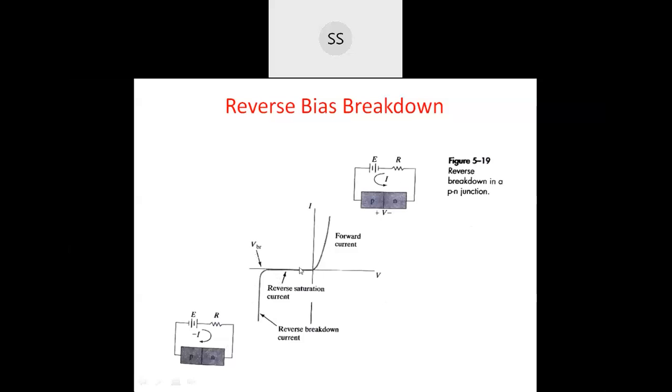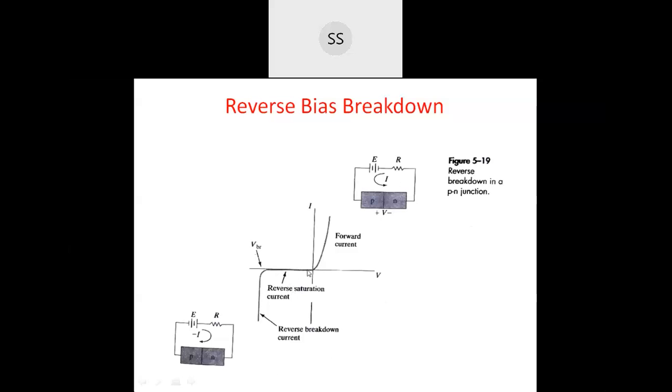At this voltage VBR, the reverse current through the diode, or across a semiconductor junction, increases very rapidly, very sharply. There is a large current flow.